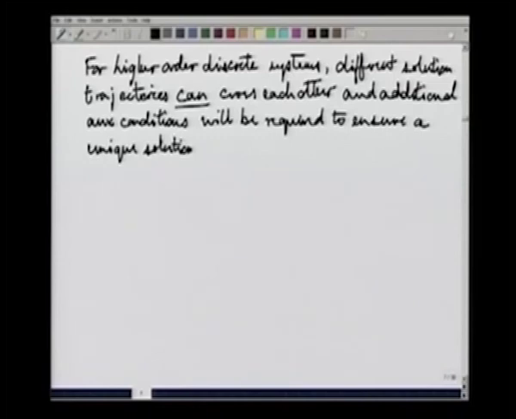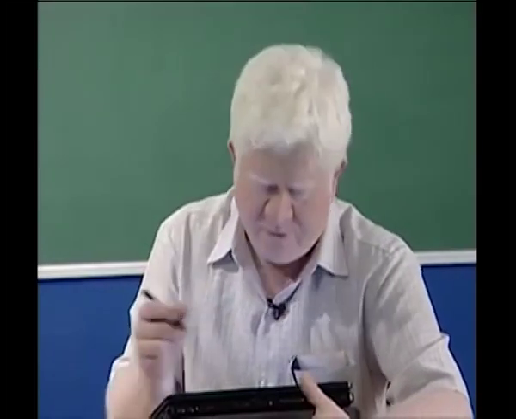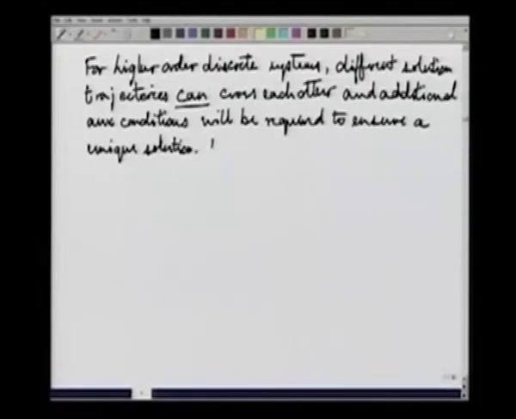To ensure a unique solution. The additional information could be in several forms. Can be supplied in several forms.